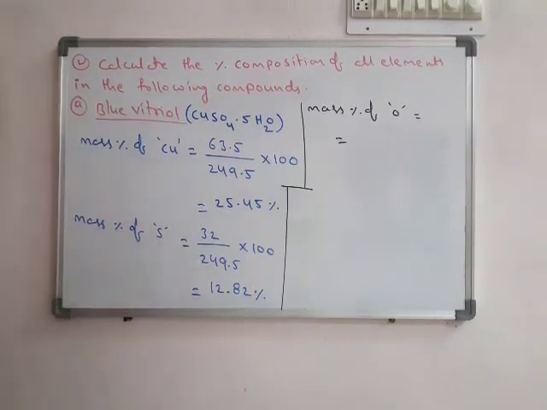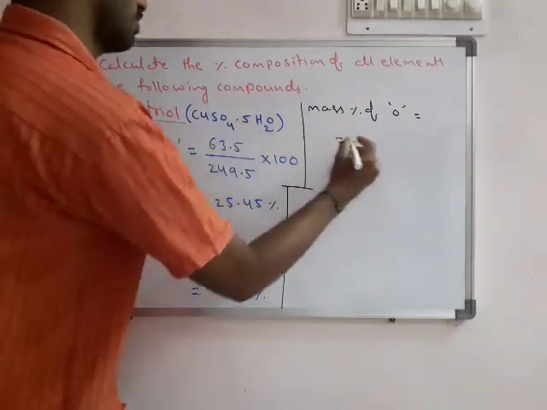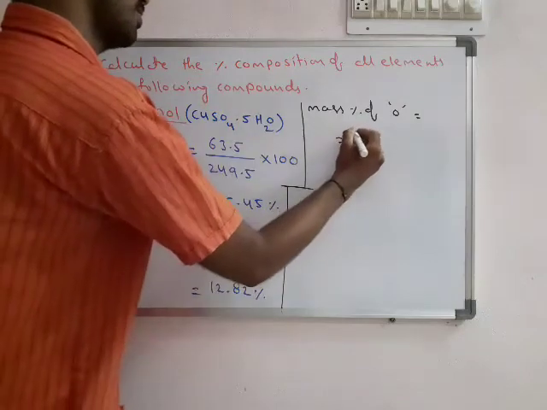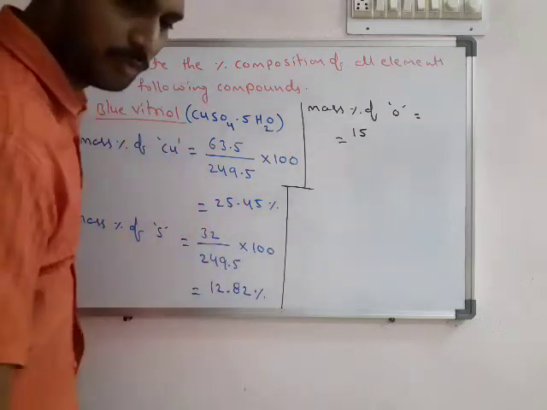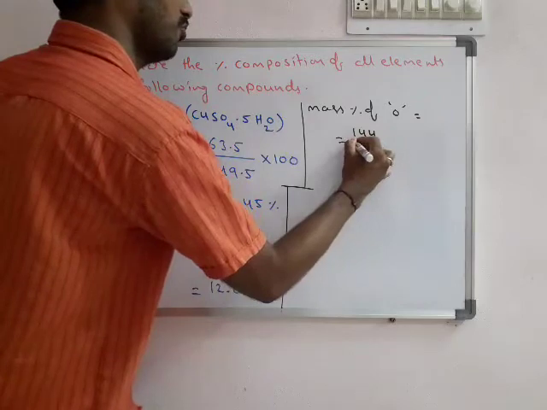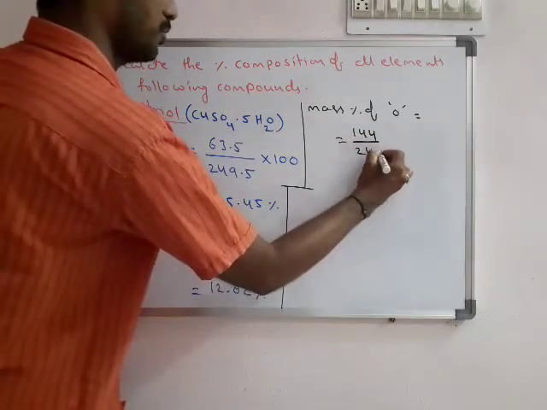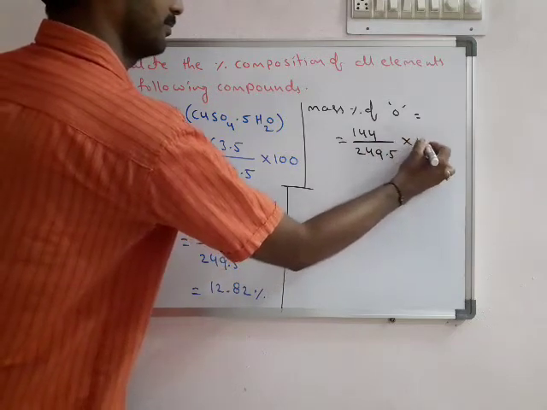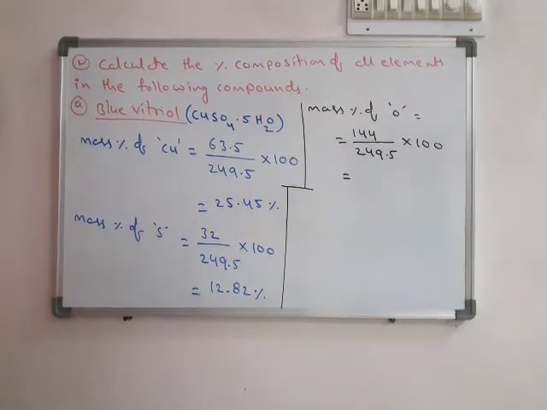Total mass for oxygen becomes 9 into 16, that is 144, because total 9 oxygens are present. 144 divided by 249.5. Again, on this total calculation, we will get 57.71%.